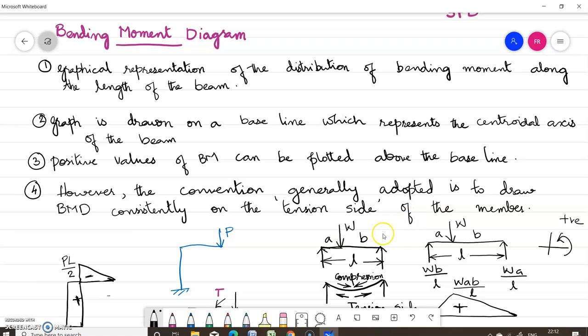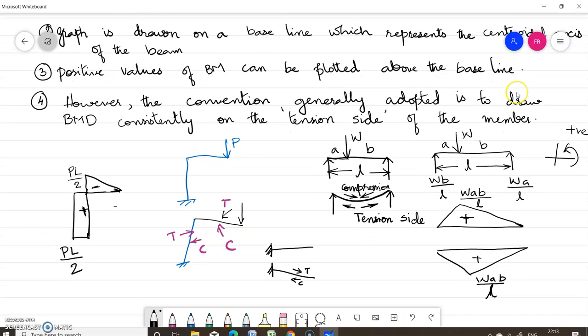So what is the meaning of tension side? When a simply supported beam like this is loaded, you can see that the beam will bend like this. So there will be tension at the bottom of the beam and compression at the top of the beam.